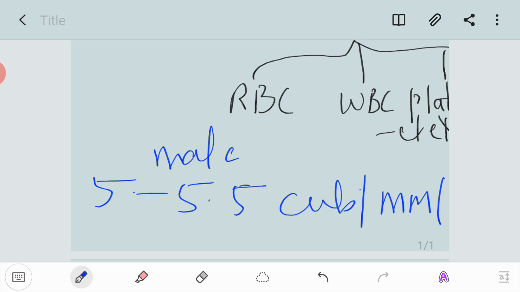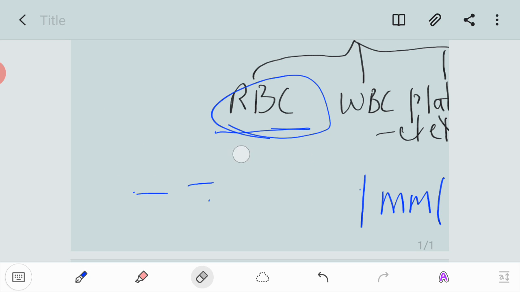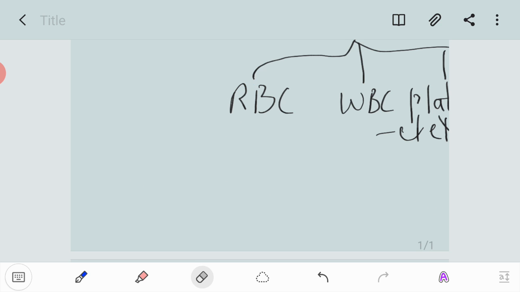Now where are these RBCs produced? Before a person comes into this world, he is in the embryonic stage. At that time, RBCs are produced in the spleen. Spleen is an organ. Whereas when he comes into this world, all the blood cells, that is RBC, WBC, and platelets, are formed in your bone marrow.